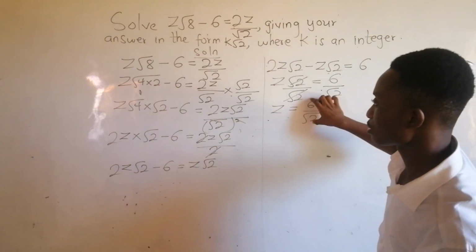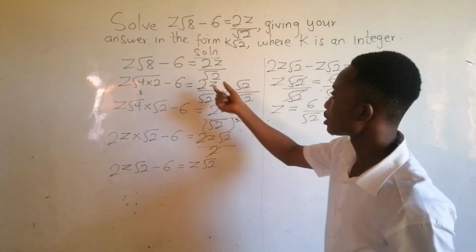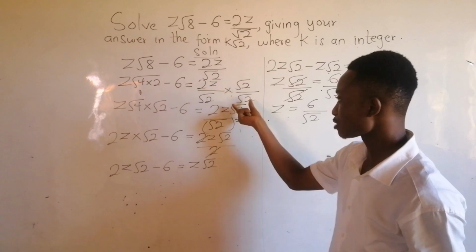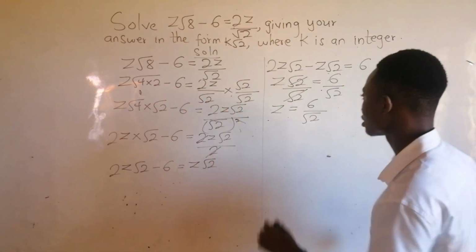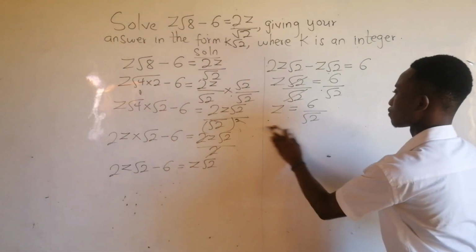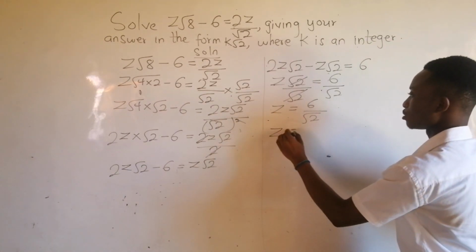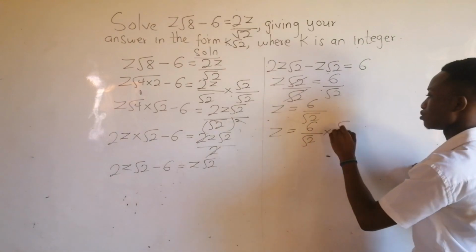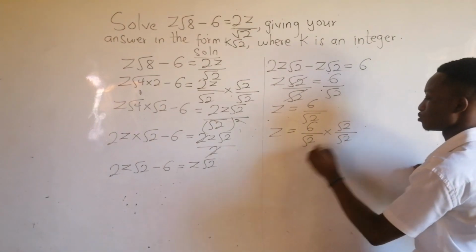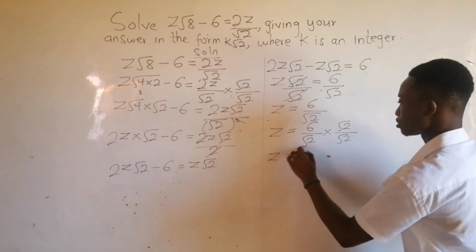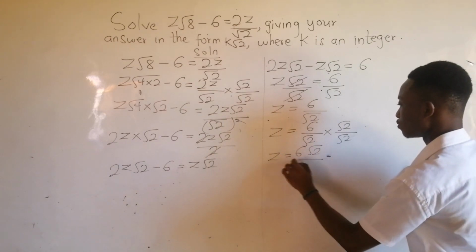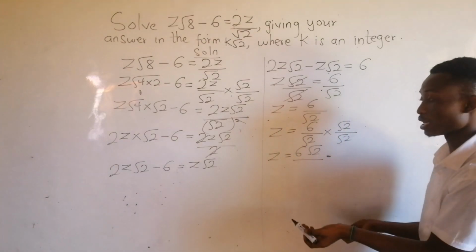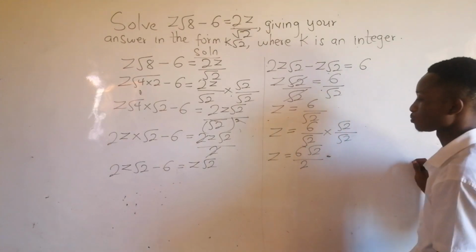And this will bring us back to where? To this one: the surds, multiplying and expressing itself as a fraction. So we say z is equal to 6 root 2 over root 2 times root 2. So z equals 6 root 2 over, here, root 2 times root 2, the 2 roots, so the answer is 2.